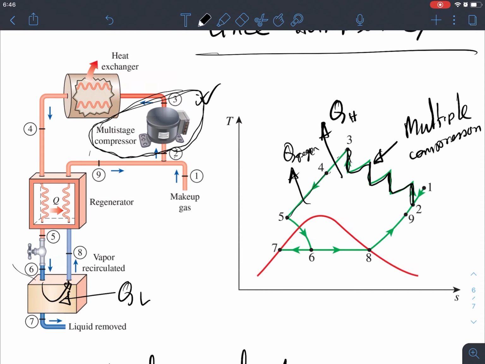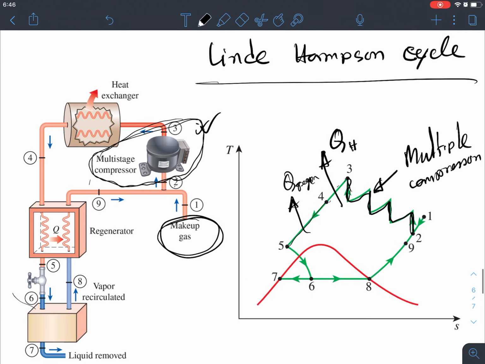In this case, some of it is rejected to the environment, or if it is water, we just reject it, and then we take fresh water and also some fresh makeup gas to continue this cycle. So it's a closed system, but not completely closed, okay?